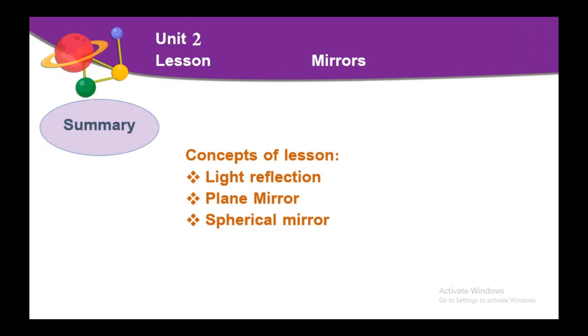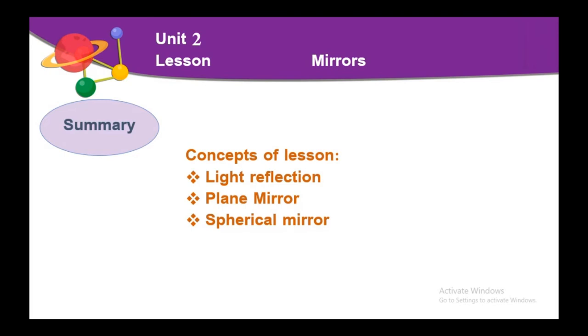Another part, we talked about mirrors. Mirrors, which are reflecting surfaces, can be classified into two types: plane mirror and spherical mirror. What are the properties of the image formed by a plane mirror? Number 1, upright. Number 2, virtual. Number 3, laterally inverted.